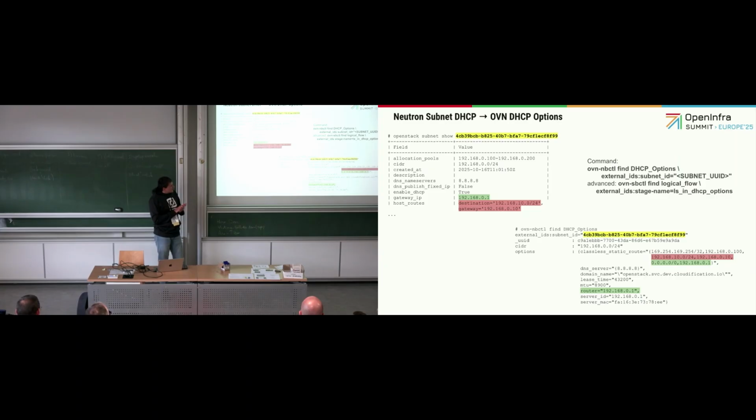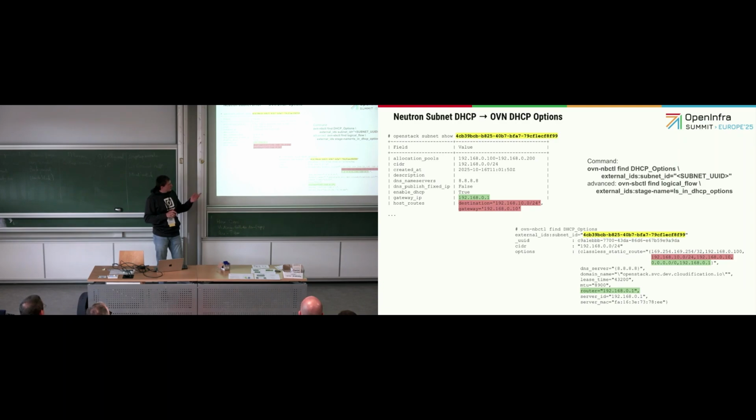Also, an interesting part is that all of these DHCP answers for the requests in this private network will come from the router. So if you run a DHCP request from any virtual machine inside the private network, you will see the answer as if from the router. But it's not actually from the router.